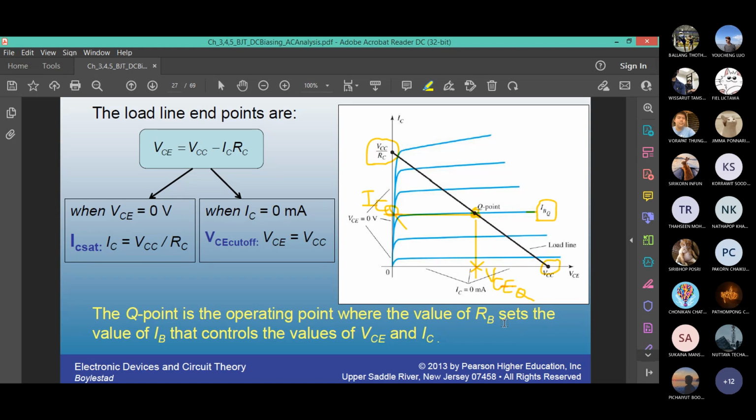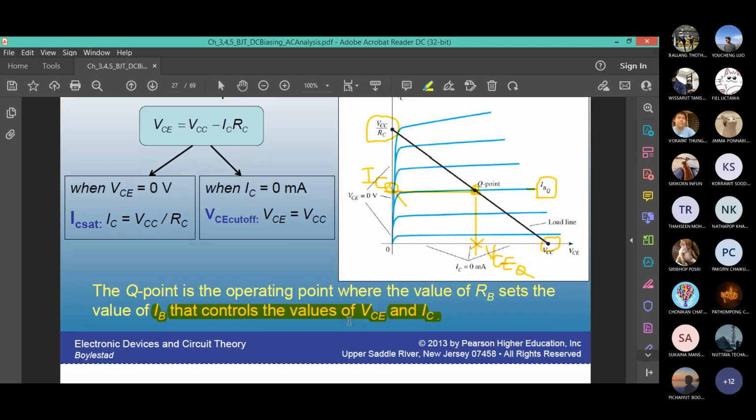If you have a variable resistor RB, you can keep changing the IB value. And IB is the one that controls VCE and IC. So IC equals beta IB. Again, to remind yourself that the BJT is a current control device.